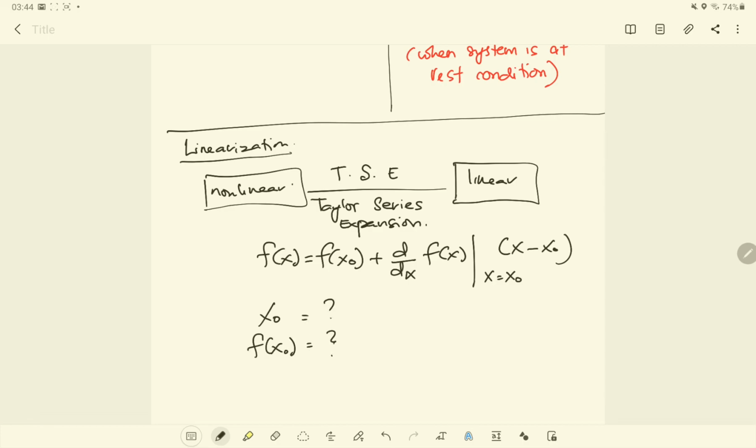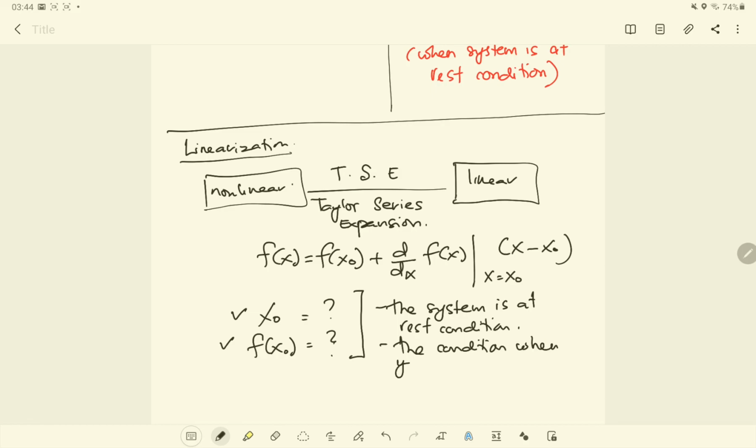What is the value? The values of x naught and f(x naught) you can determine when the system is at rest conditions, or at the coordinate where your system is at the equilibrium point.